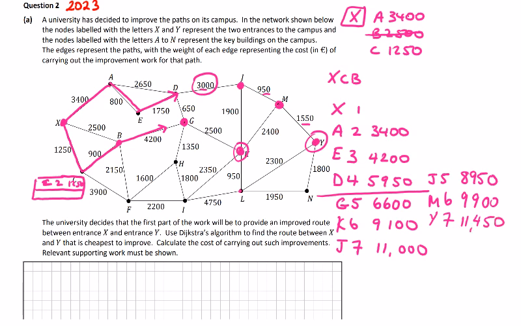And if you had time at the end of the exam, maybe come back and have a look down in this direction. It does get quite expensive quite quickly down in that direction. So that's the cost. So the route will be X, A, E, D, J, M, Y.